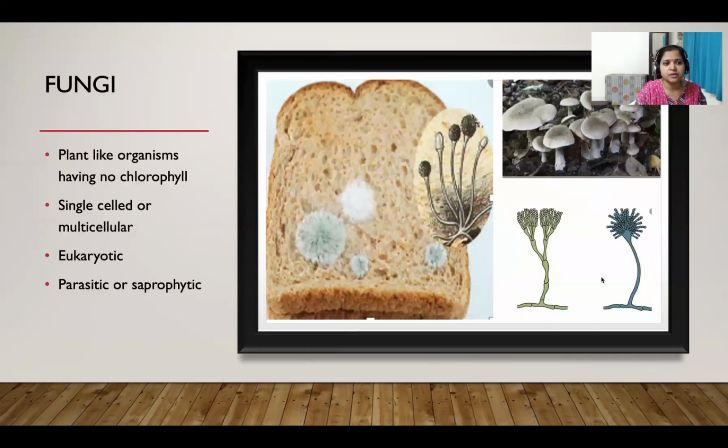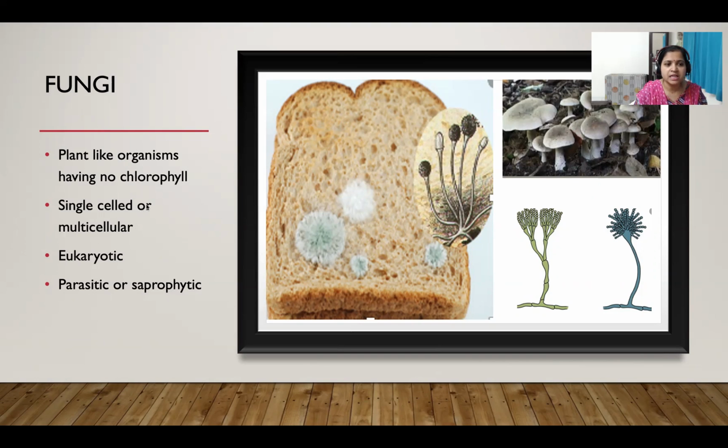So next comes fungi, or singular, fungus. These are plant like organisms, but they don't have any chlorophyll, so they cannot prepare their own food. That's why they may be parasitic or saprophytic, means they can stay inside the host body or they can get their food from the dead and decomposed body parts of plants and animals.